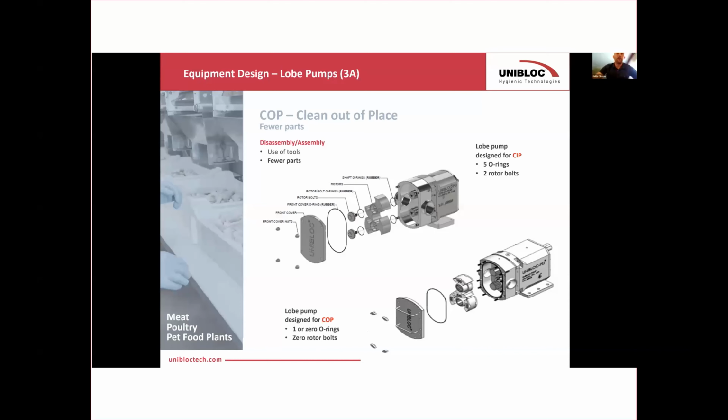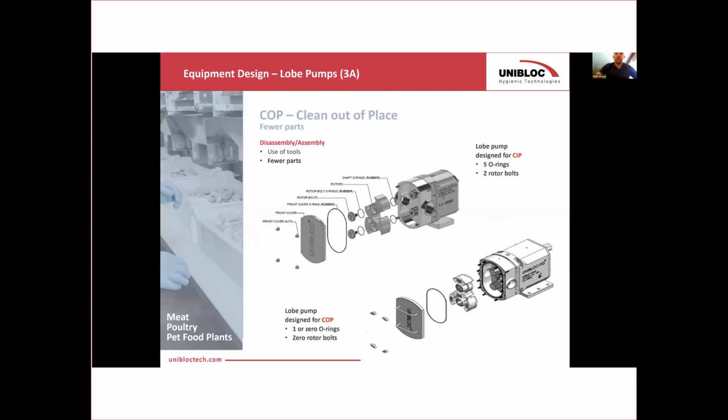The top one is the typical pump, a conventional lobe pump, CIP, where, if this pump is used for clean out of place application, which happens a lot of times, you're going to have 10 parts to take apart, compared to the bottom image, which is going to have 4 parts. And sometimes it could be even 3 parts because the front cover O-ring may not be required all the time.